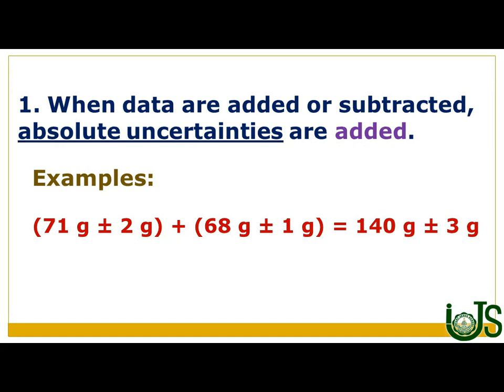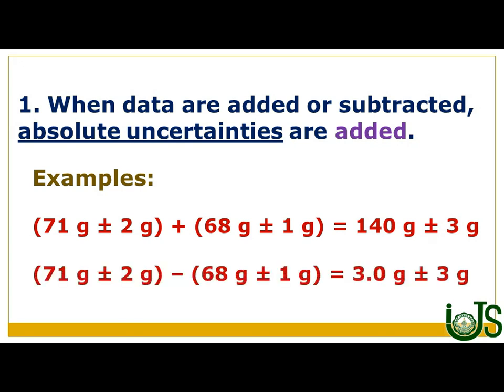So your final answer will be 140 grams positive negative 3 grams. So kung ano yung number of significant figures sa measured value, ganun din yung magiging final answer mo. Kung ano yung number of significant figures in your uncertainties, ganun din sa final answer mo, if you are using the data of absolute uncertainties.